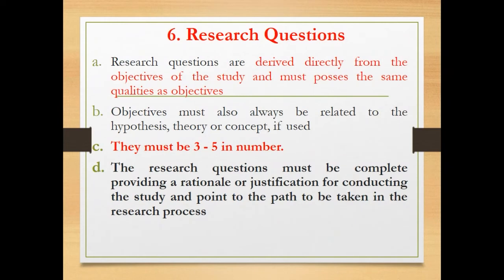The process you are taking to answer the question is an objective. So the research question must be complete, providing rationale and justification for conducting the study and pointing to the path to be taken in that research process.